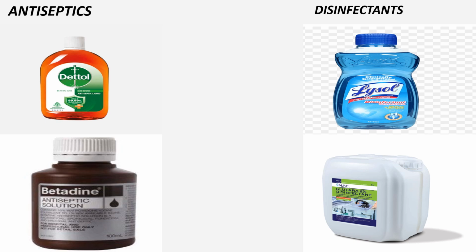Betadine contains povidone iodine. Then we have examples of disinfectants. One of the examples is Lysol. Another example is glutaraldehyde.